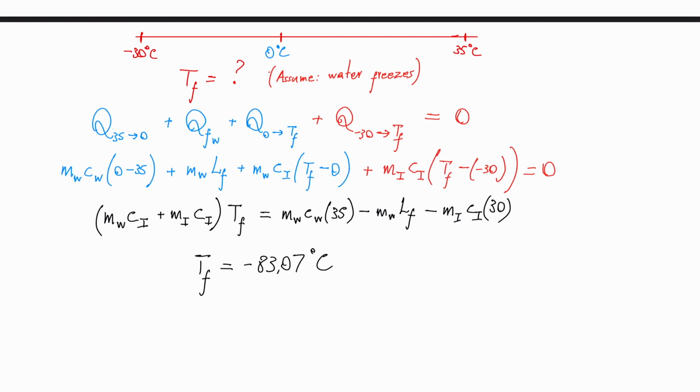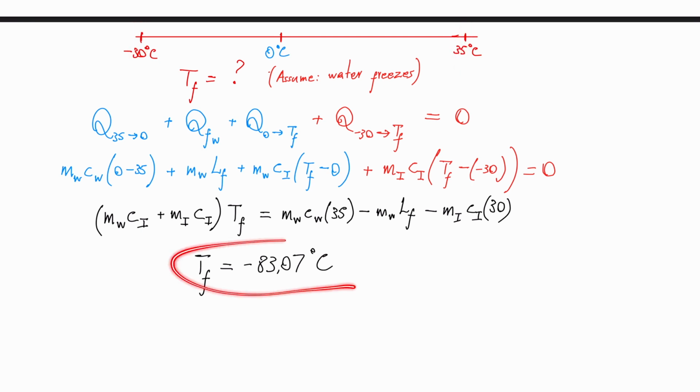This is contradictory to what we observe in nature. The final temperature, where the system comes to thermal equilibrium, is always between the two starting temperatures. Where would minus 83 lie on this number line? Minus 83 will lie outside of that interval, somewhere here. It's not in between what we started with.